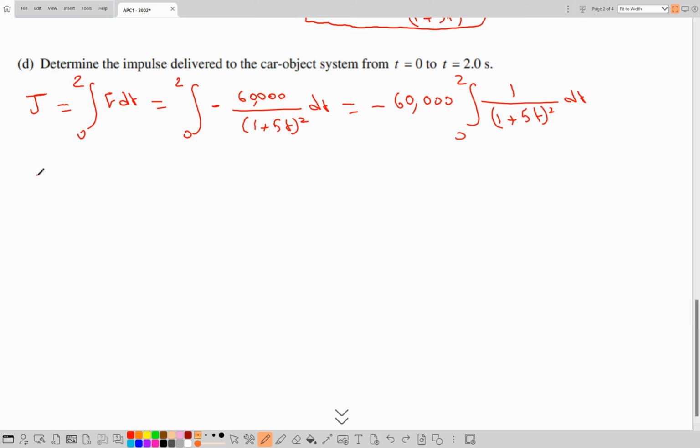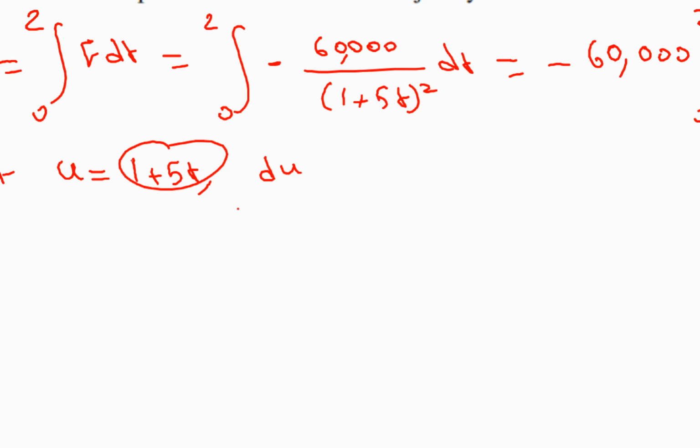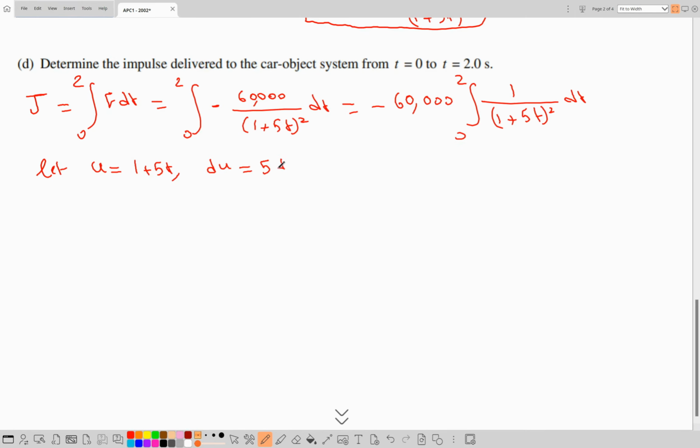So let u be 1 plus 5t, and in this case du is the derivative of this, which is 5 dt, which means dt would be given by du divided by 5. Now that would be equal to minus 60,000 times the integral of 1 over u squared du over 5.